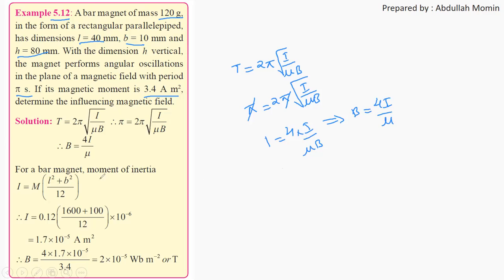For a bar magnet, the formula for moment of inertia is m times L square plus B square upon 12. By putting these values and solving for B, we will get 2 into 10 raised to minus 5 Weber per meter square, or Tesla.